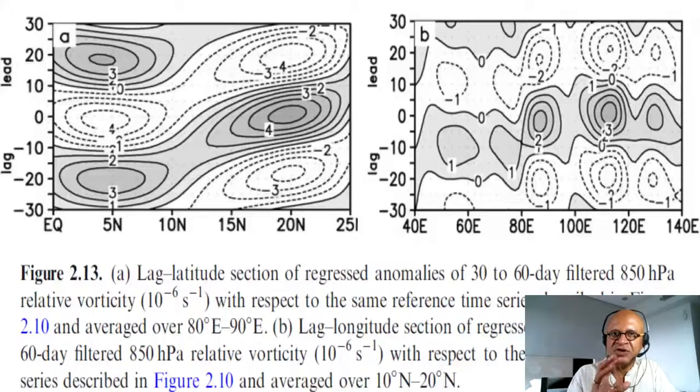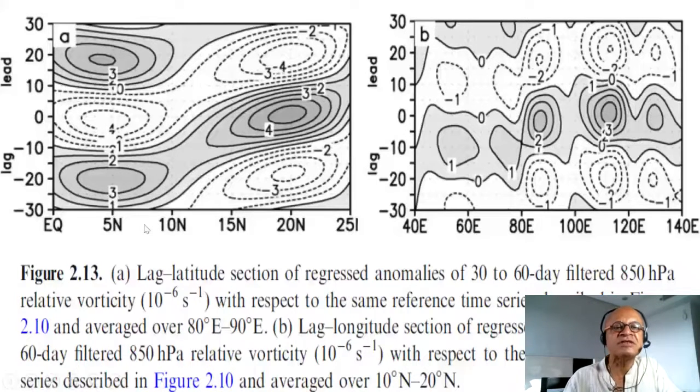I keep saying that because even though we keep talking about monsoon intraseasonal oscillations, their relation to active break periods, the spatial propagation is much more prominent over the Bay of Bengal. Lag longitude section is shown here of the regressed anomalies of 30 to 60 day, same thing, 850 hectopascal relative vorticity.